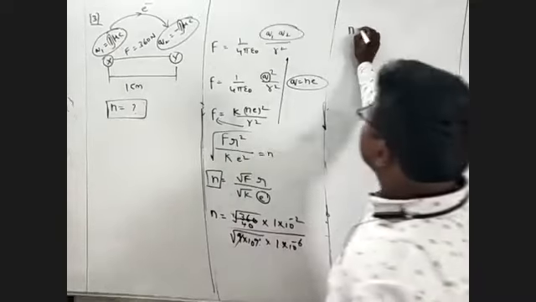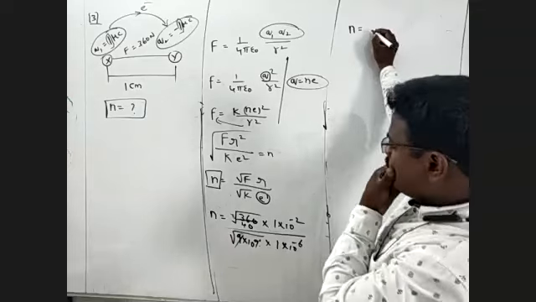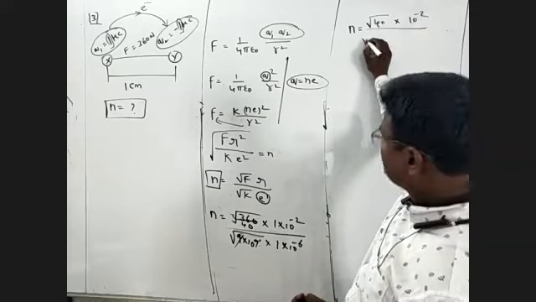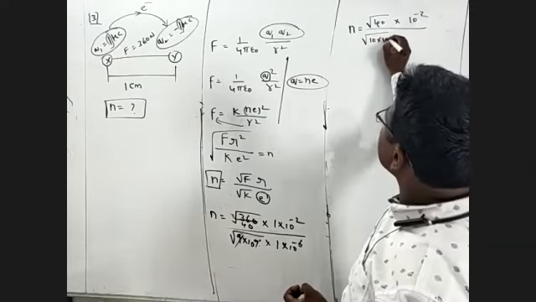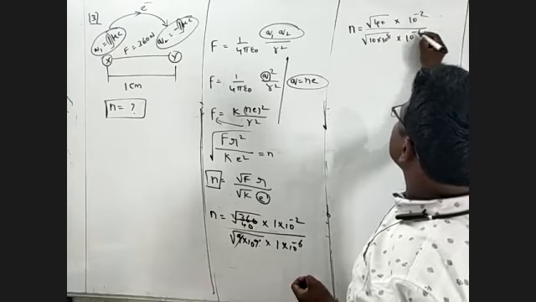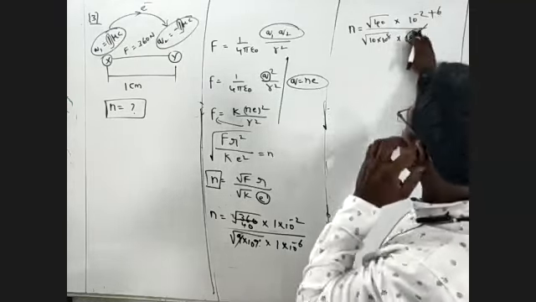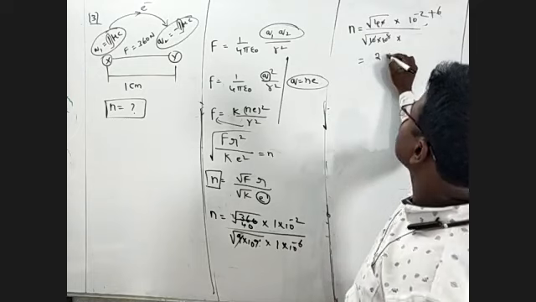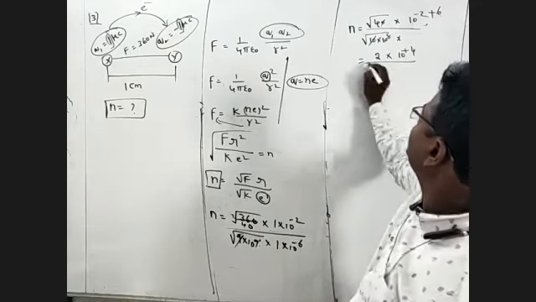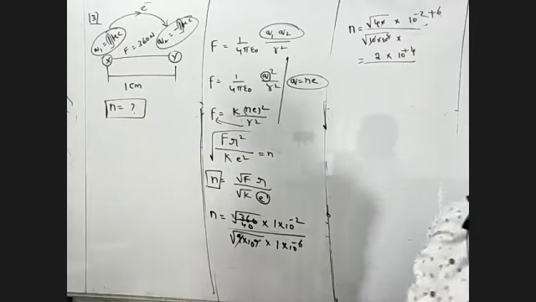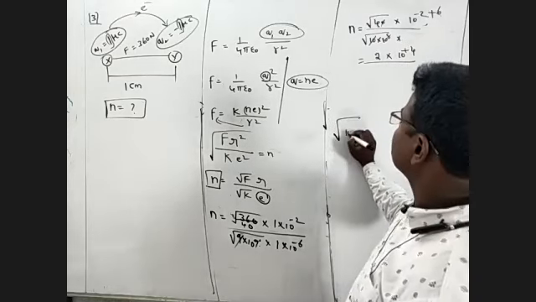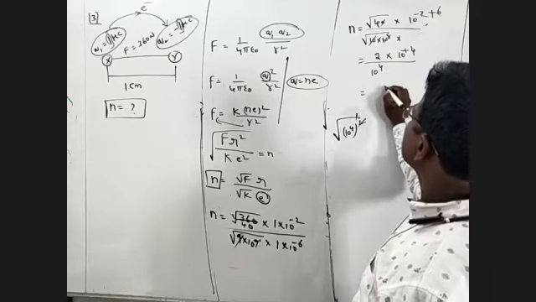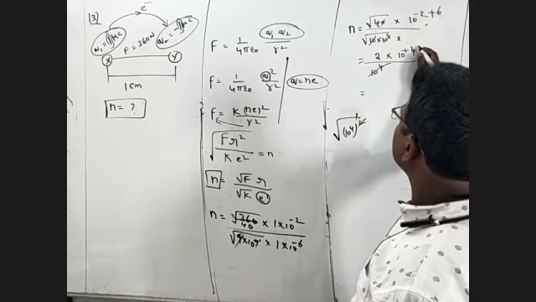Now we simplify: N is equal to root of 40 into 10 to the power of minus 2, divided by 10 into 10 to the power of 8, times 10 to the power of minus 6, taking that upside. The 10 and 0 cancel. Root 4 means 2 into 10 to the power of 4 over 10 to the power of 8, which is 10 to the power of 4 whole squared. The 10 to the power of 4 terms cancel.